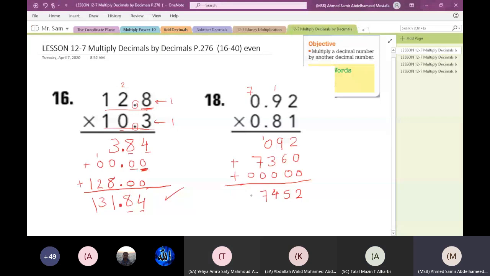Why am I keeping the 0 here? Yahya, actually here, how many decimal places do we have? After the 4, we have 2. And how many decimal places here? Here 2. 2 decimal places.